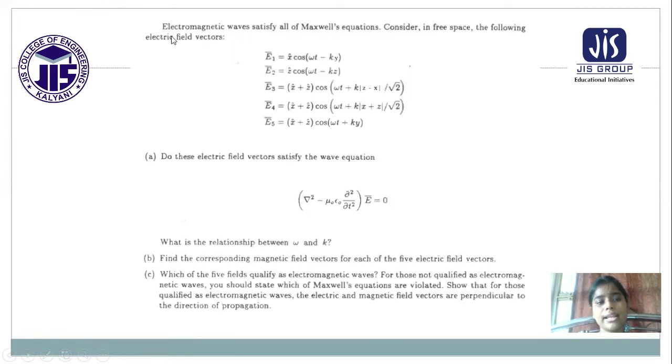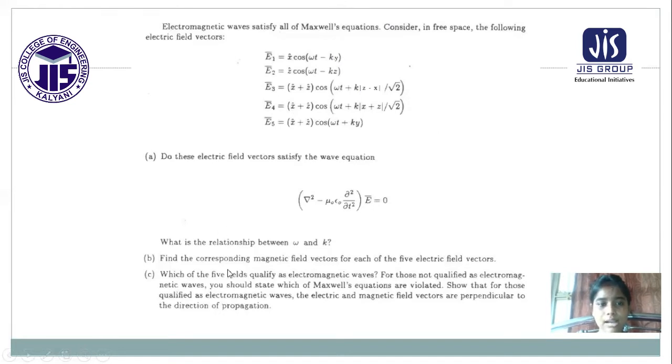Next, here electromagnetic waves satisfy all of Maxwell's equations considered in free space, where E1 equal to x cap cos omega t minus ky, E2 equal to z cap cos omega t minus kz, E3 equal to x cap plus z cap cos of omega t plus k mod of z minus x by root 2, and E4 equal to x cap plus z cap cos omega t plus k mod of this.